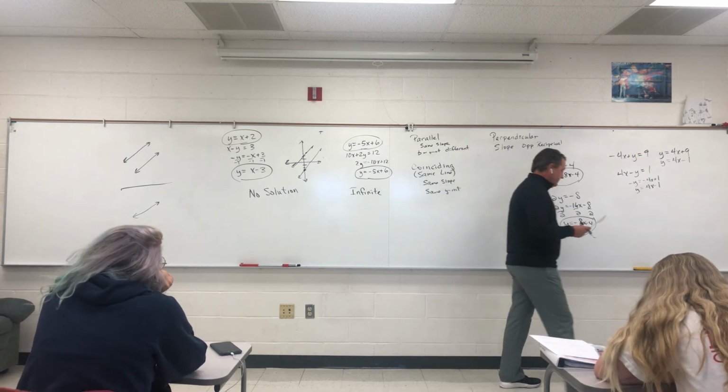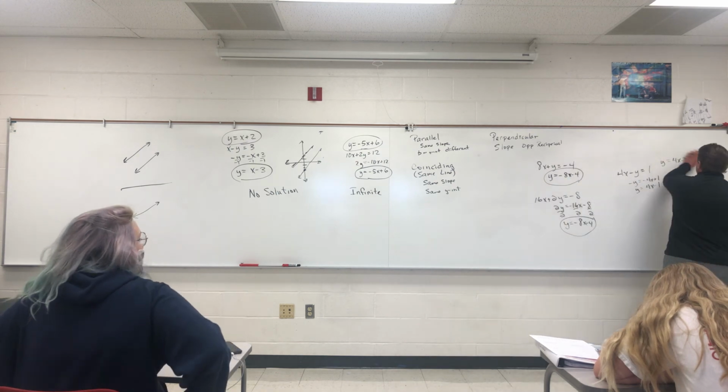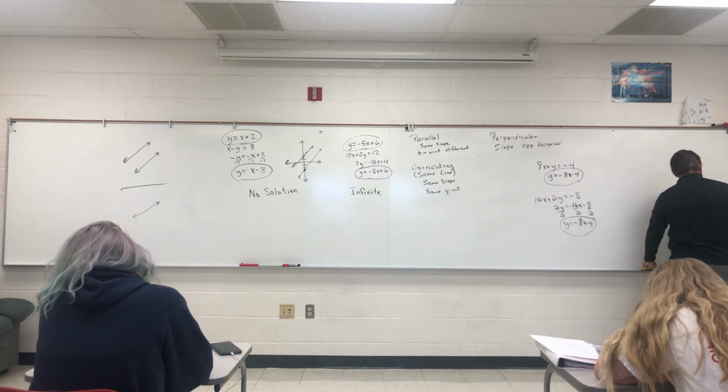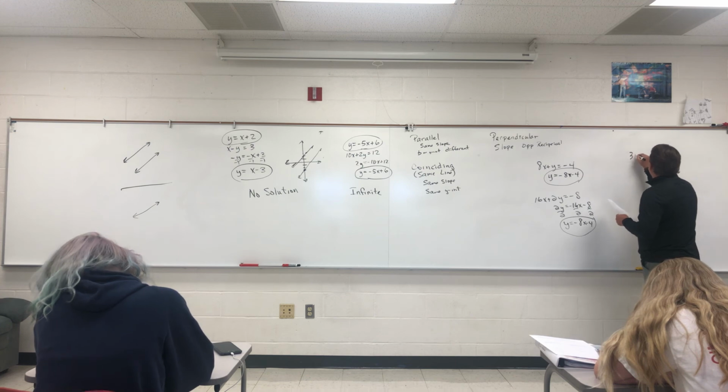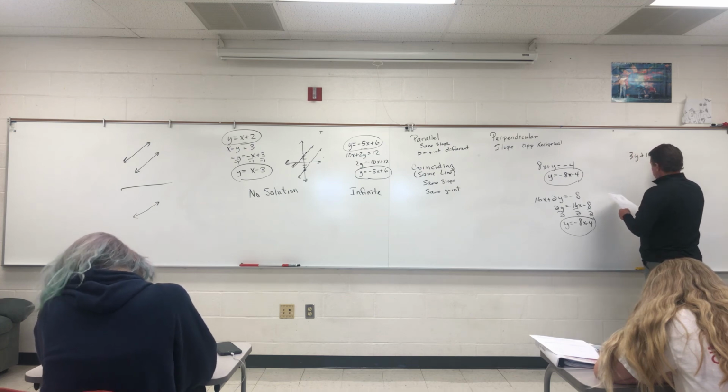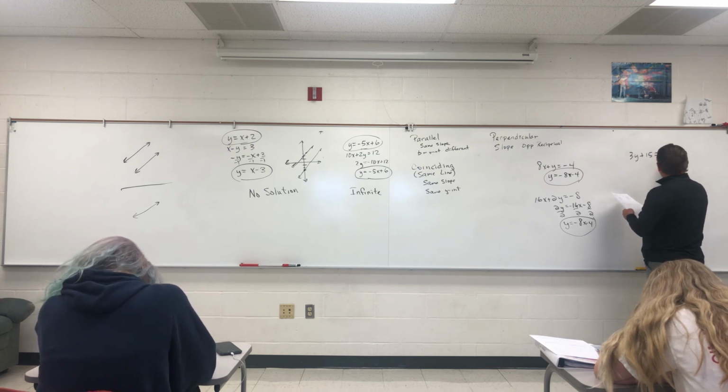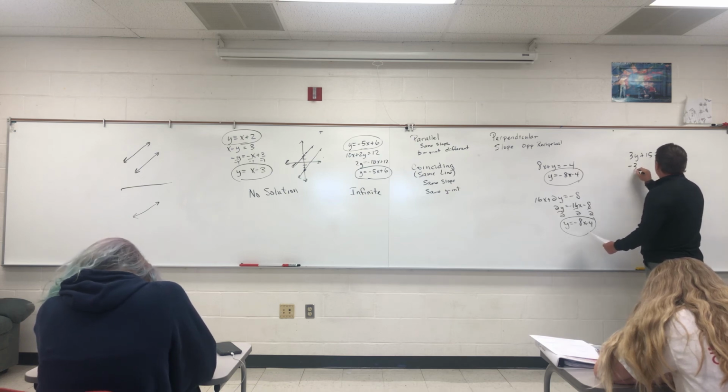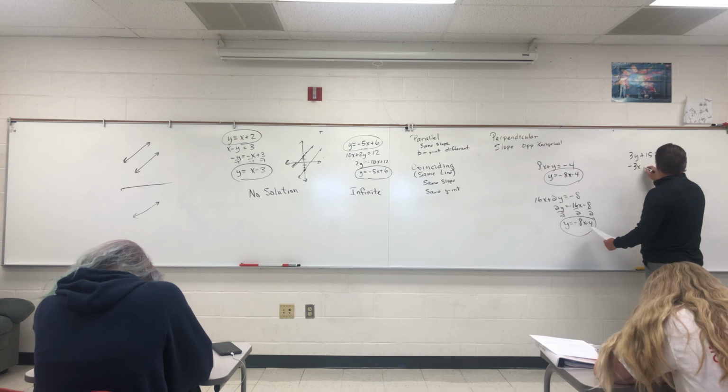Let's find out. Okay, so we have 3y plus 15 equals 2x, right? And negative 3x minus 2y equals 10.